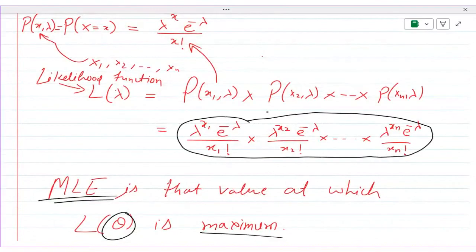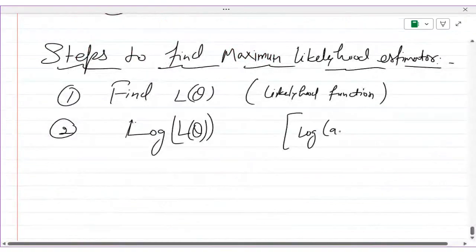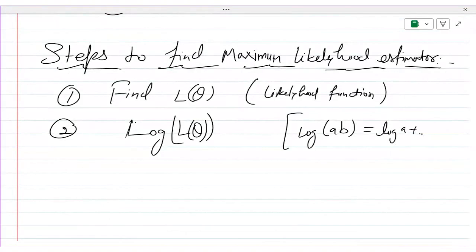But once we take the log and apply the properties of log, you know that log of A into B is log A plus log B. So many things will become simple using these properties. Log of m power n is n times log m.